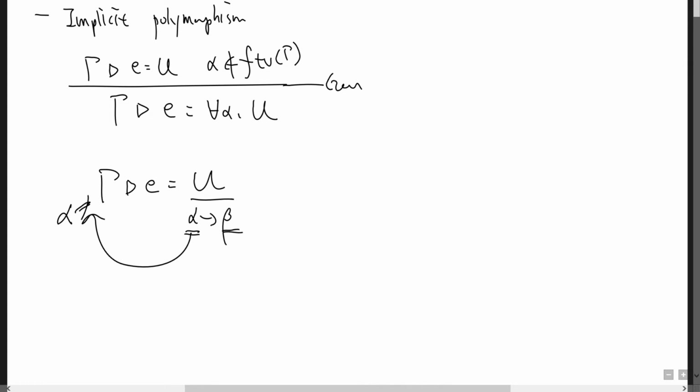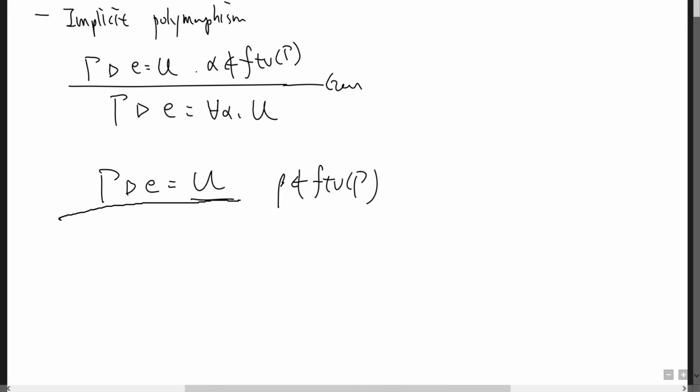So beta is fresh, that is, beta is not included in the free type variables of gamma. Then what you do is apply the generalization rule and introduce it for all beta only. You don't want to introduce it for all alpha because alpha is used in gamma.